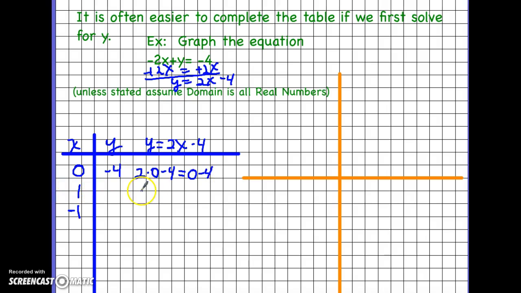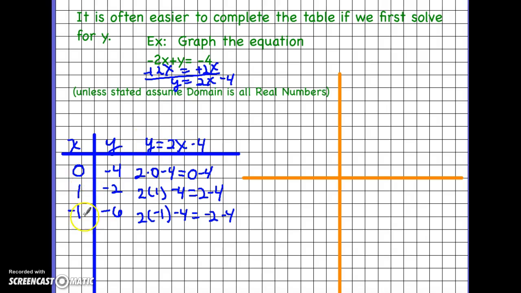When x is 1, I have 2 times 1 minus 4, which is 2 minus 4, or -2. And when x is -1, I have 2 times -1 minus 4, which is -2 minus 4, or -6. So that went a lot faster once I solved for y.